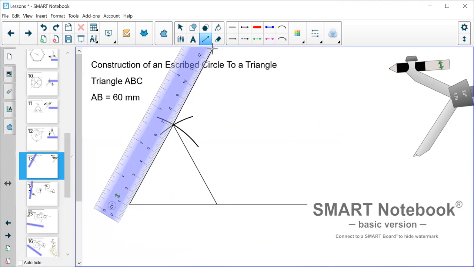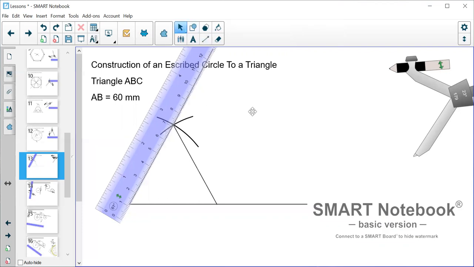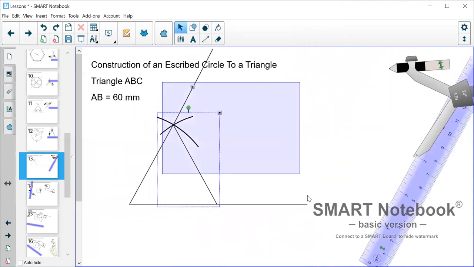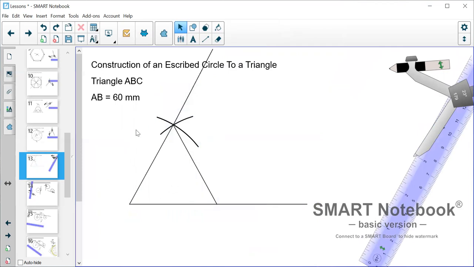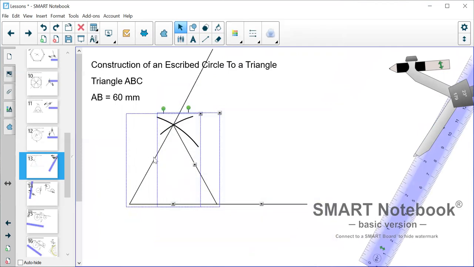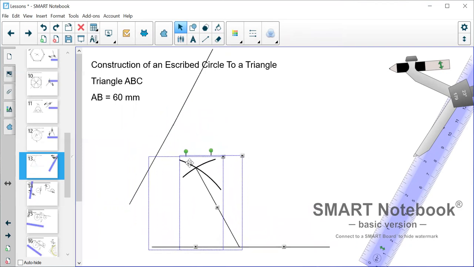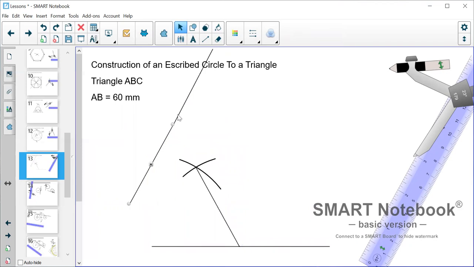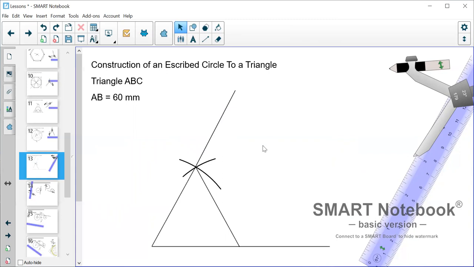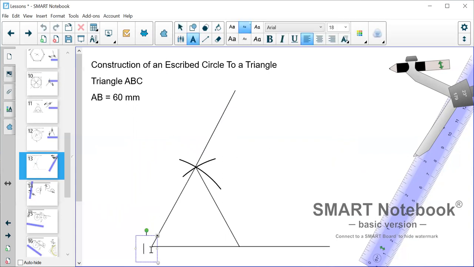So I extend AB and AC. Let me bring that down a little. Let me label A, B, and C.